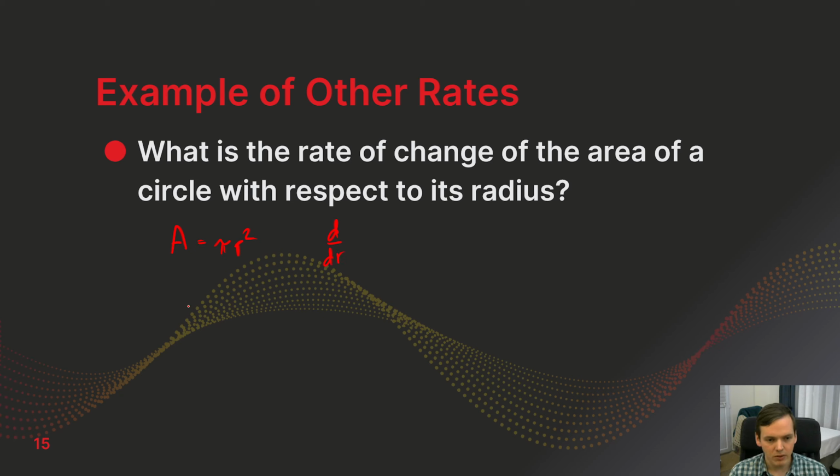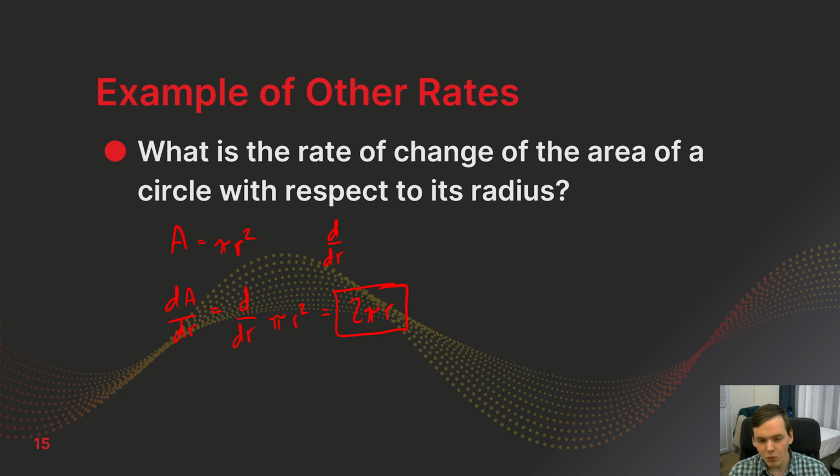So let's take the derivative of both sides, and we get dA by dr. In other words, the derivative of area with respect to radius. That's what this literally means here. And that's going to equal d by dr of pi r squared, which will equal 2 pi r. So that is the rate of change of area of a circle with respect to its radius.